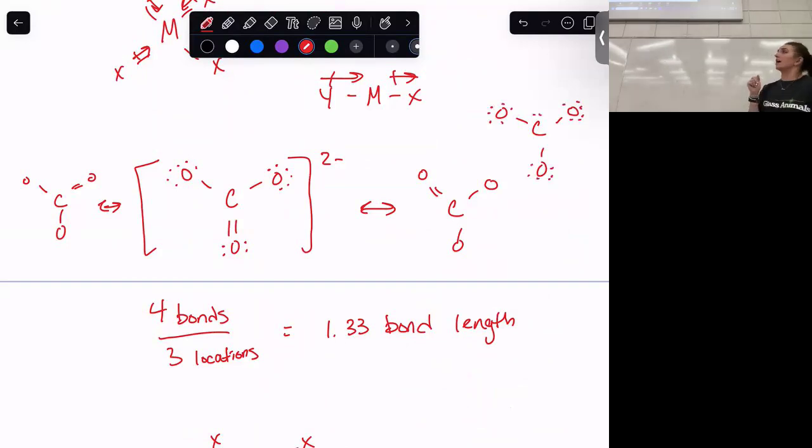So if we did this instead, what is the formal charge on all of the oxygens? Does anyone know what the formal charge on oxygen is? So on the one where there's 3 single bonds, -1. What is the formal charge on carbon?